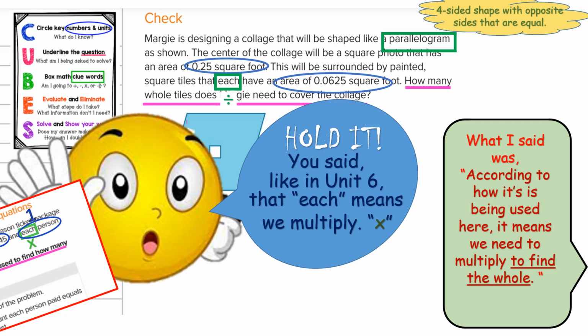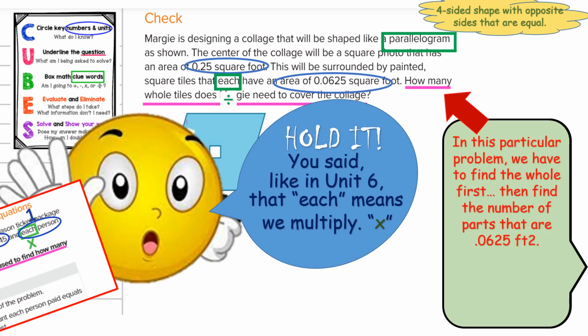And I said that each can mean multiplication or division depending on how it's being used in a math problem. When I look at this particular math problem, then what it's saying is I'm going to use that and I'm going to break up the whole into those parts. So if each is used to indicate parts of a whole, then I need to divide. Only will I multiply if I'm using each to find the whole.